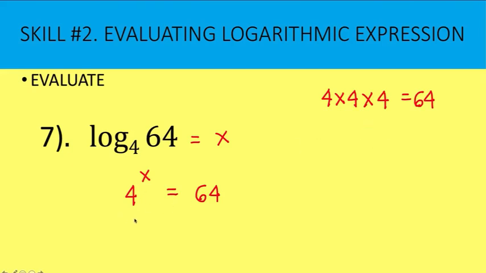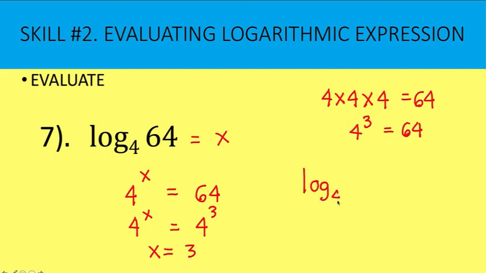So this means we can rewrite this as 4 raised to x is equal to 4 raised to the third power, because 4 raised to the third equals 64. So from here, when the bases are the same, then the exponents are also the same. So we know that x is equal to 3. So therefore, the value now of the logarithm to the base 4 of 64 equals 3.